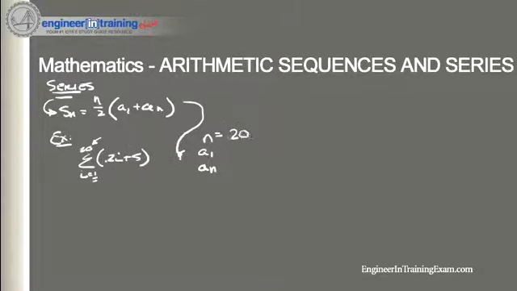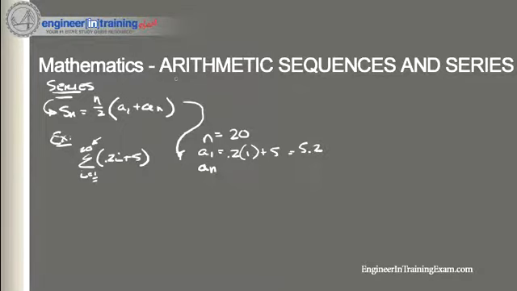Now a sub 1 is the first term in the sequence, and all we need to do is plug in 1 into our sequence right here, which would be 0.2 times 1 plus 5, which is going to be 5.2.